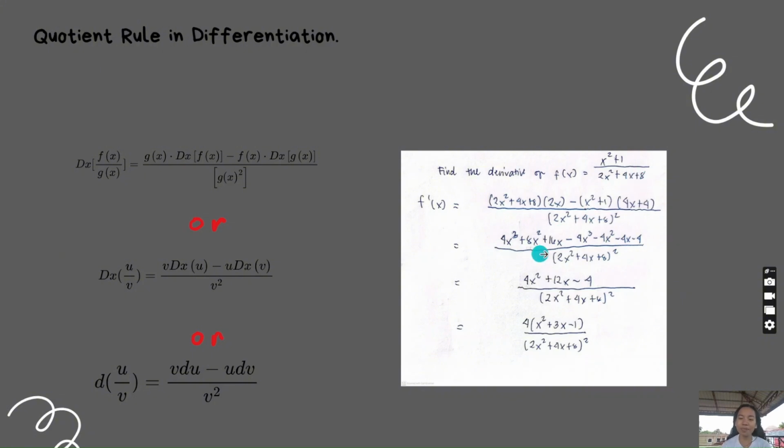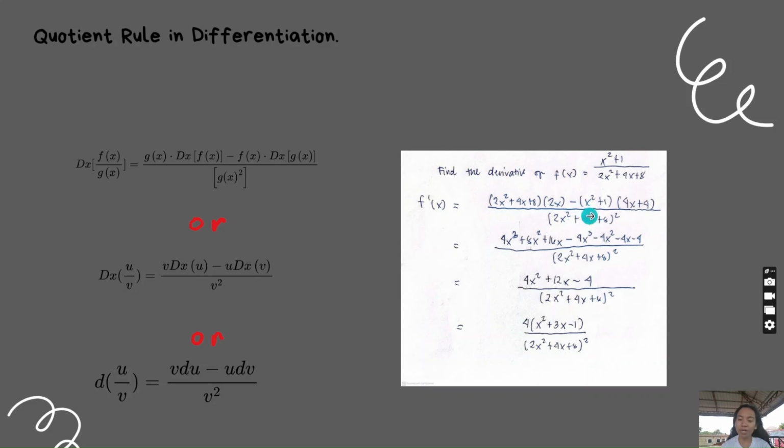So moving forward, we are going to simply multiply these terms here and here. So 2x squared plus 4x plus 8 times 2x gives us 4x cubed plus 8x squared plus 16x. And then from here as well, we are simply multiplying them together according to the symbol here.